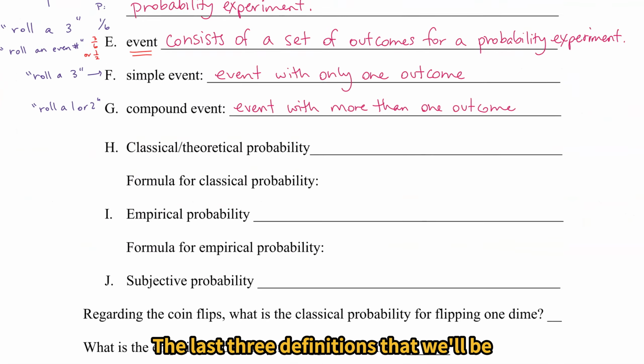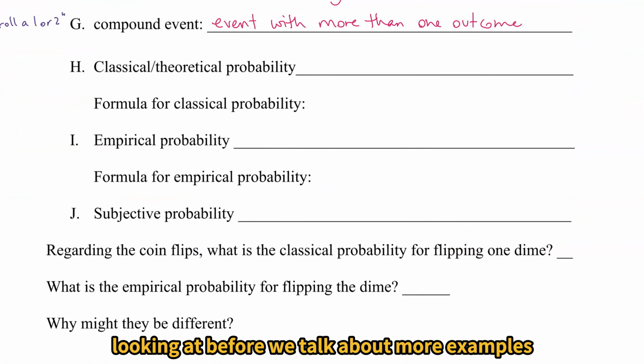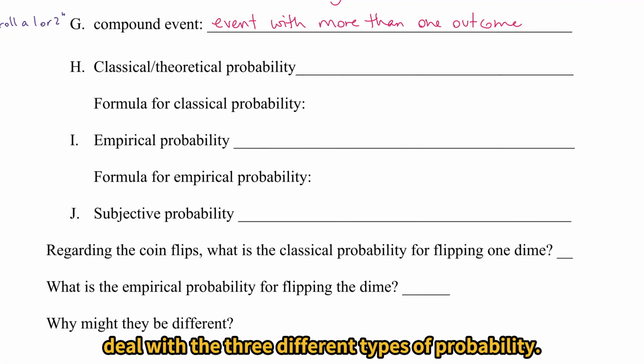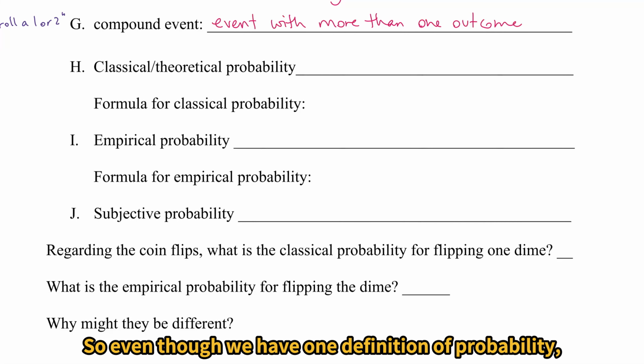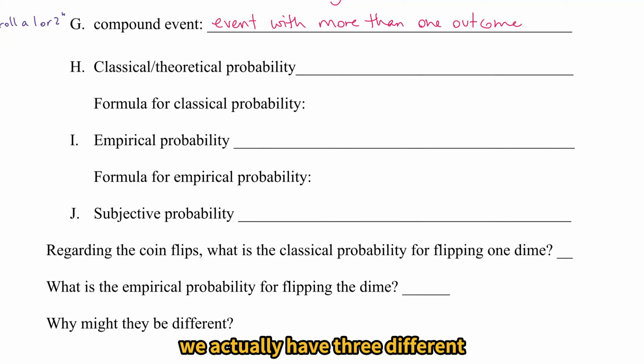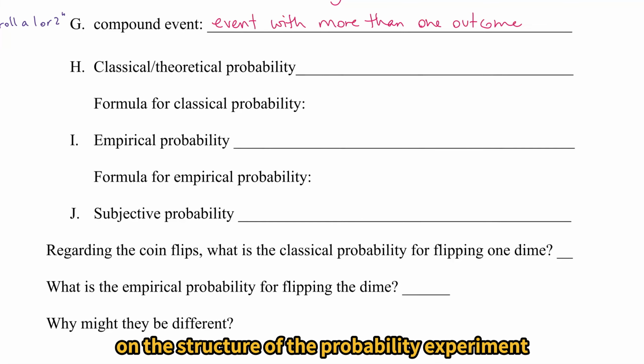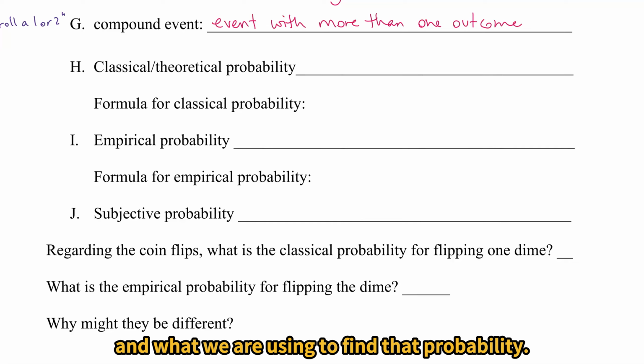The last 3 definitions that we'll be looking at before we talk about more examples deal with the 3 different types of probability. So even though we have one definition of probability, we actually have 3 different ways to determine probability, and it will depend on the structure of the probability experiment and what we are using to find that probability.